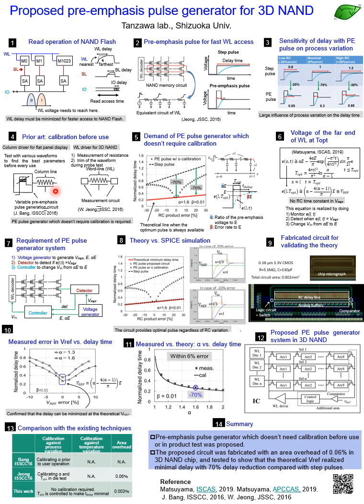So they apply various heights of pre-emphasis pulses to the column line and then measure the actual delay time to identify an optimum pulse shape.